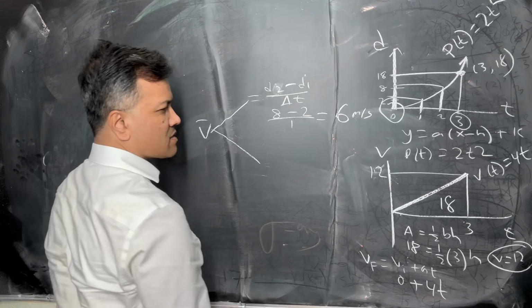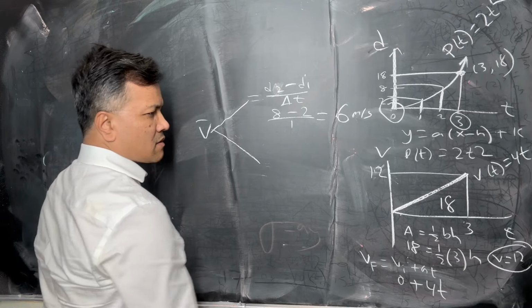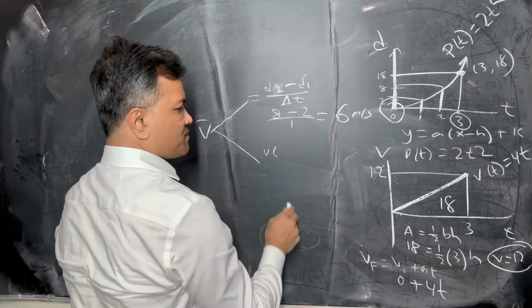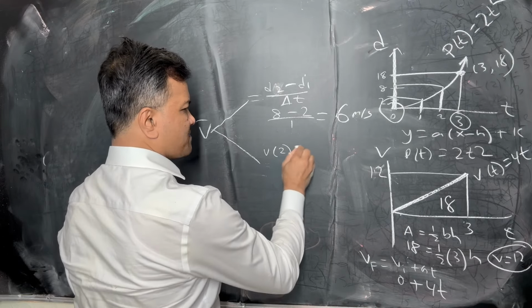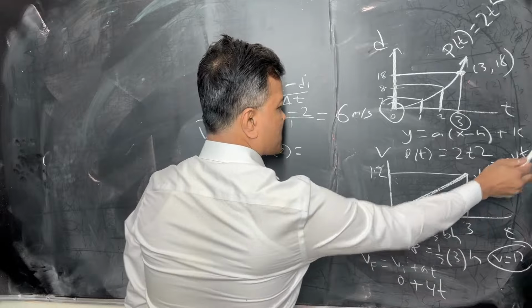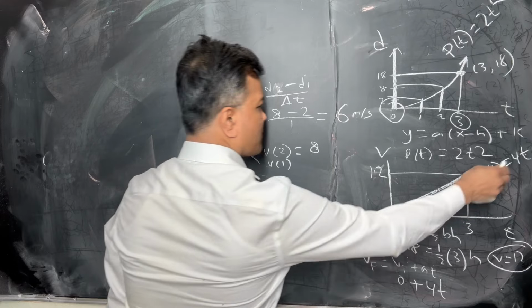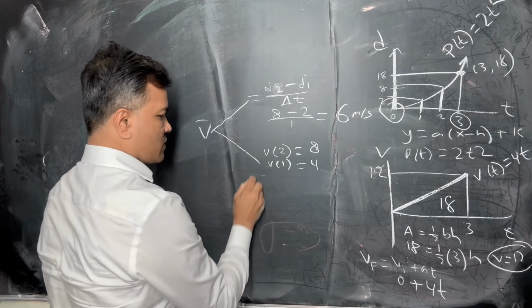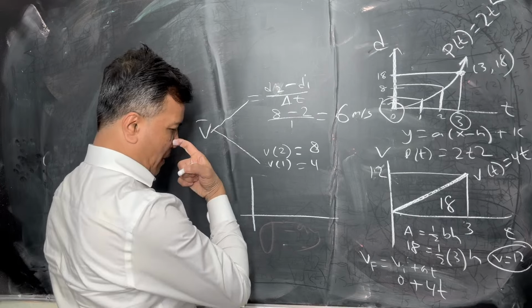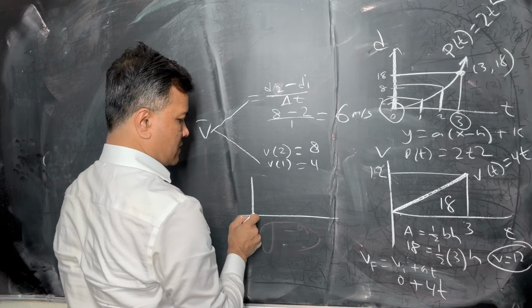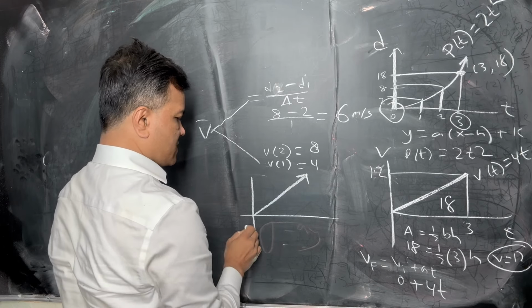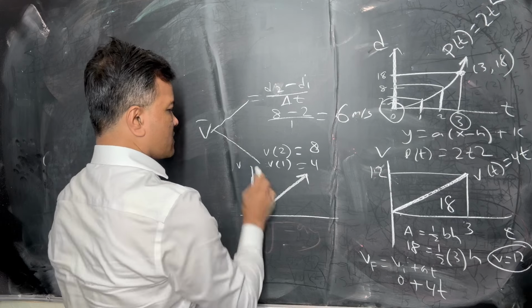The other way is, velocity at 2 seconds is 4 times 2, 8. Velocity at 1 second, 4 times 1 is 4. So you have the graph, this is 0 comma 0, this is Vt.